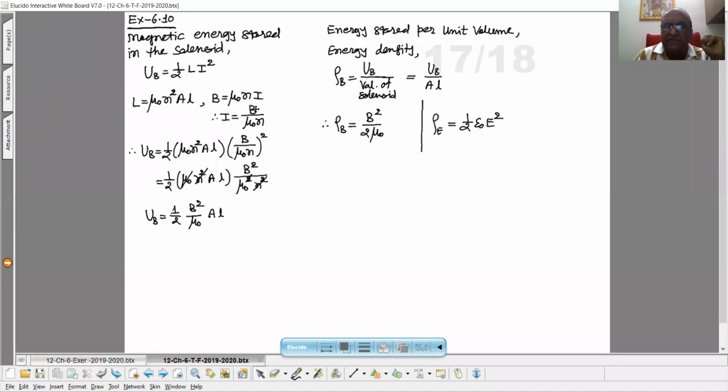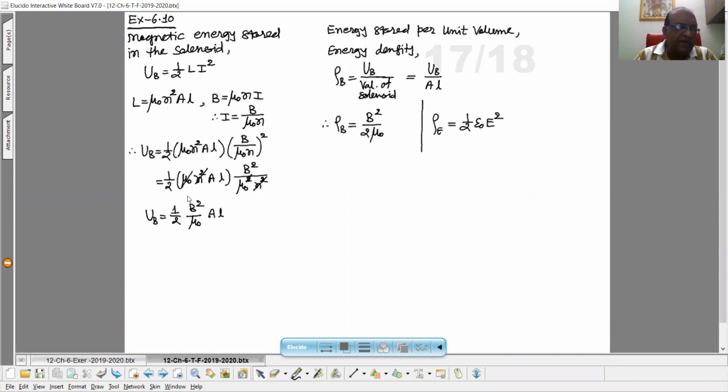So I is B upon mu 0 N. Now substitute this value of inductance L in this equation, as well as I, that is B upon mu 0 N. So magnetic energy is half into mu 0 N square AL into B upon mu 0 N whole square.